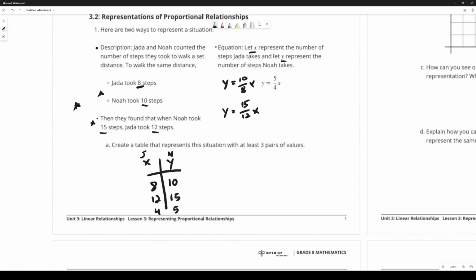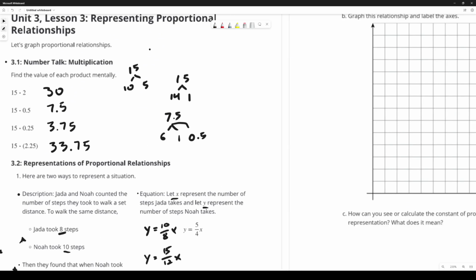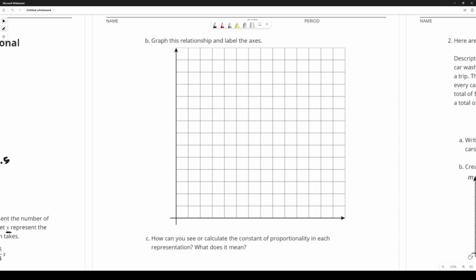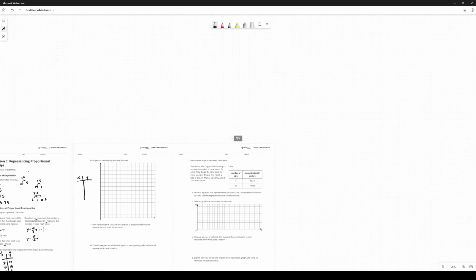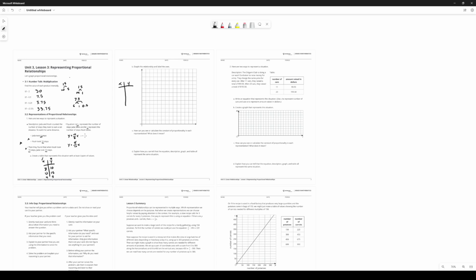Next, it says to graph this relationship. So on the next page, I'm going to graph this relationship and I'm going to label the axes. So let's make our table again over here so we can reference it. So I have x, y. And this time I'm going to put them in numerical order. So remember that Jada is the x value, which is going to go 8, 12, 4.